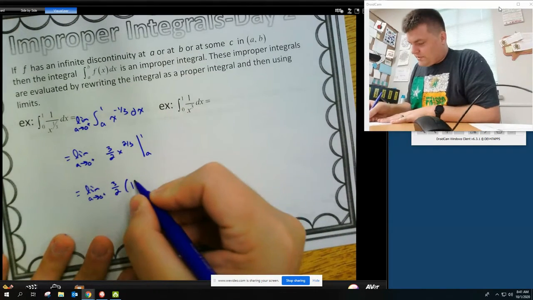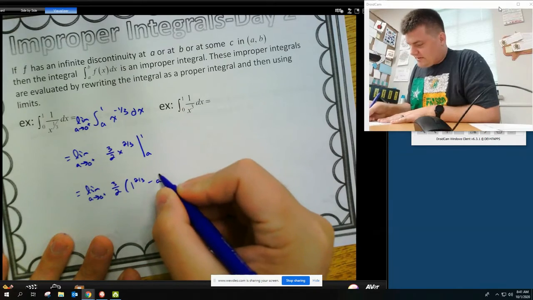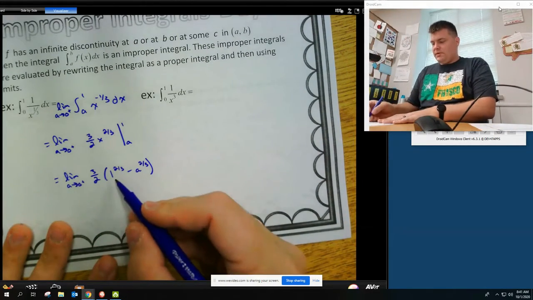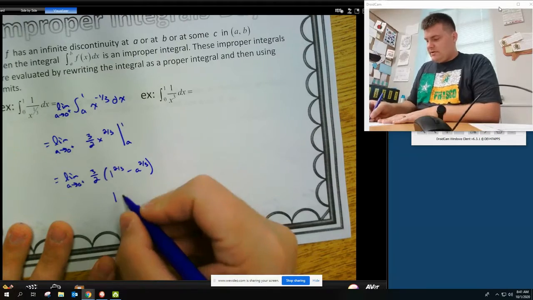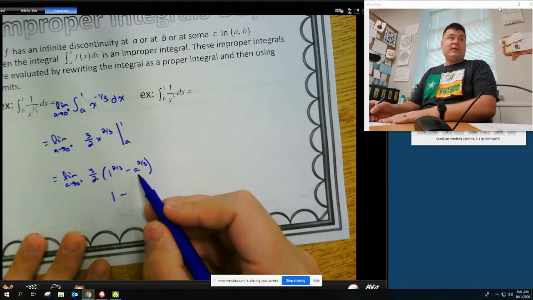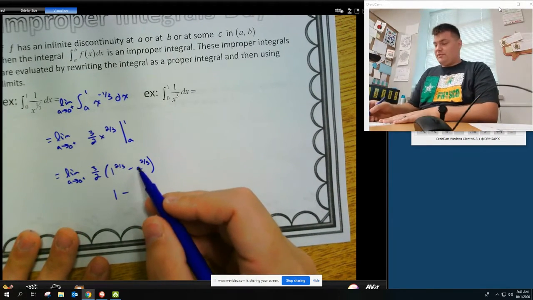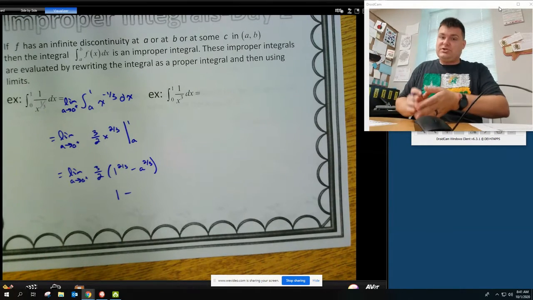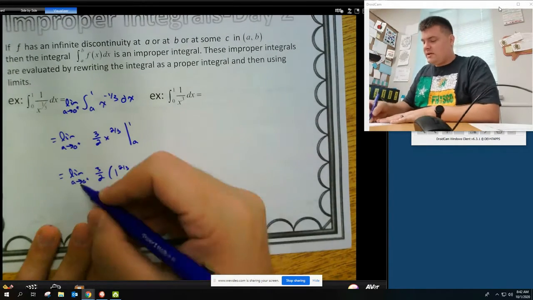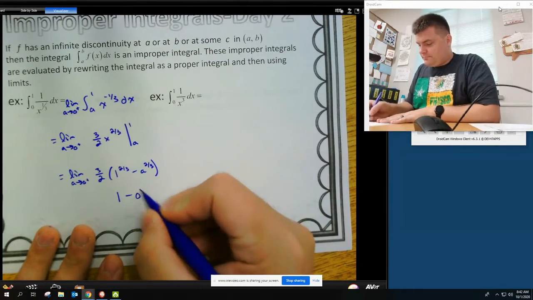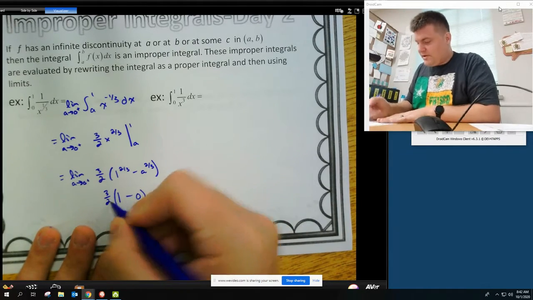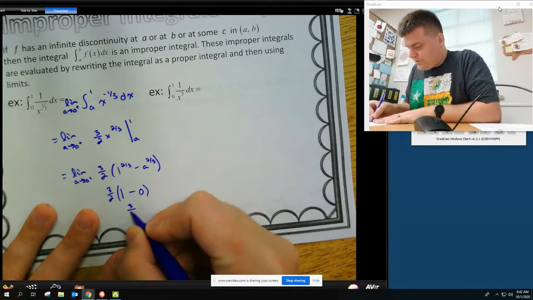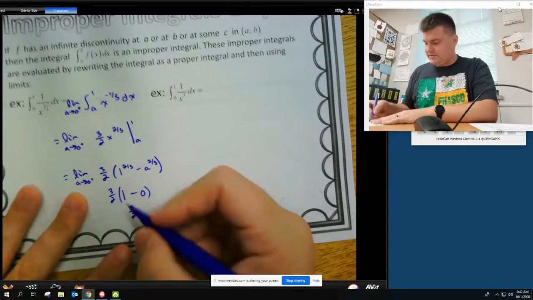I'm going to get 1 to the 2/3 minus a to the 2/3. Well, 1 to the 2/3 is just 1 minus, now again, let's plug in a 0 here. 0 to the 2/3 is just 0 from the right side, but we still do a direct plug-in, and if there's any issues, then we kind of tweak it from there. If I do a direct plug-in, I'll get 0, and you get 3/2. So you're going to get 3 over 2 as your answer.